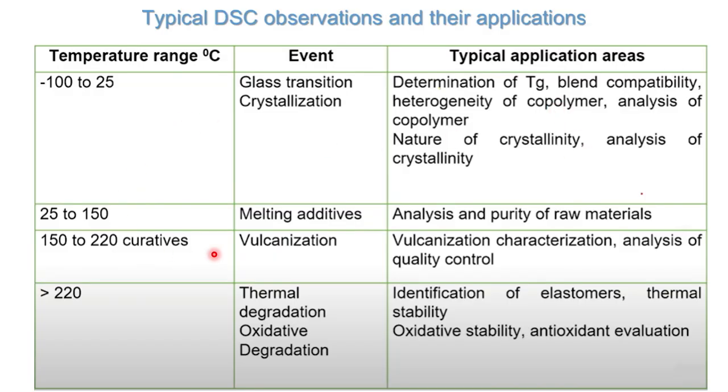In the range of 25 to 150, that is melting, additives analysis and purity of the raw material. 150 to 220 is vulcanization, where vulcanization will take place, so you can get information about the characterization of the vulcanization and analysis for quality control. More than 220, thermal degradation or oxidation will occur, and you will get to know the identification of the elastomer, oxidative stability or antioxidant evolution.